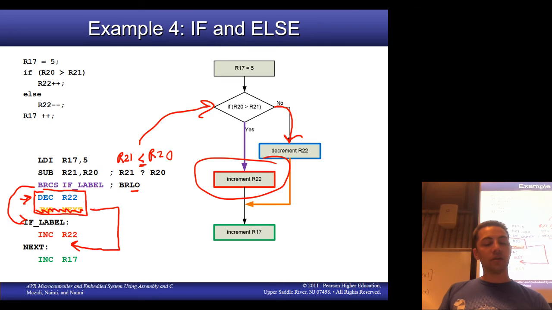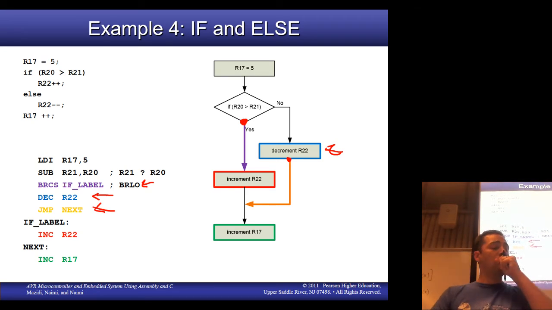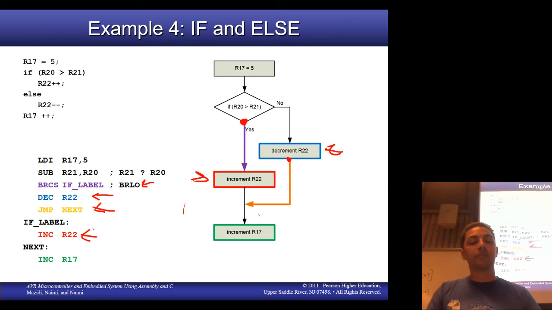So let's just look at all of this. When I wrote this, the purple line was first, and it's the first line of code. Then the blue block, there's my blue block of code. Then here I've got my yellow branch, third line of code. After that, I have my red block of code, which is my if label, and then my next.